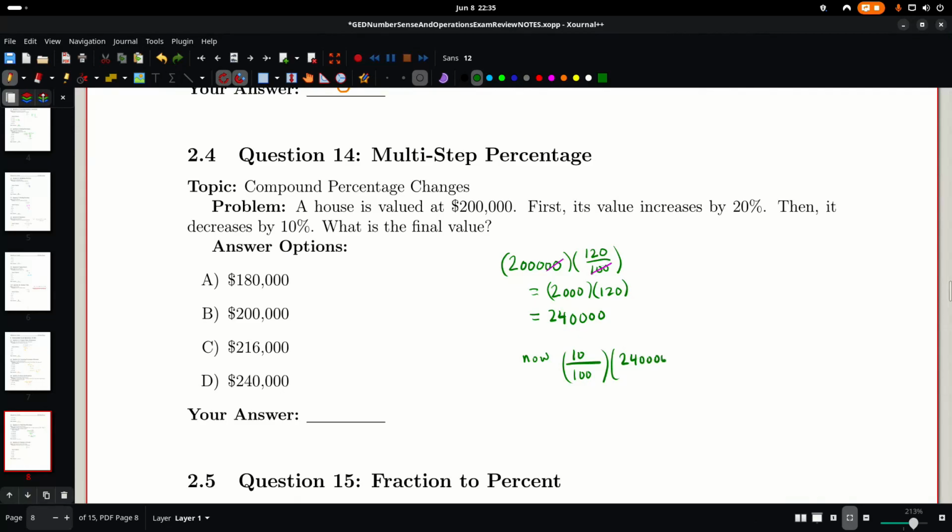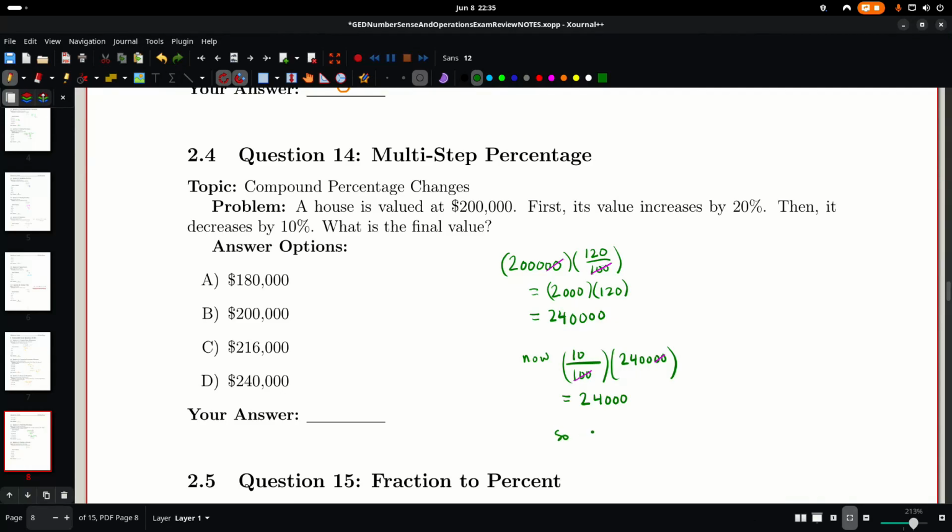And again, we can divide 240,000 by 100, like so. And now we have 2,400 times 10. So we have 24,000 dollars. So that means we've lost $24,000.